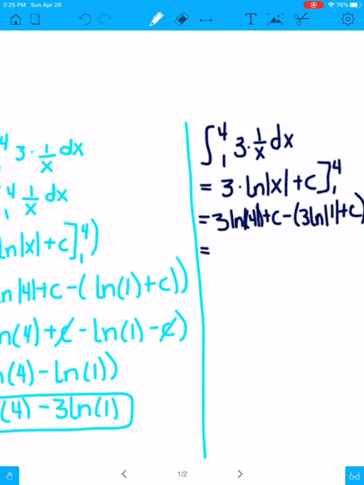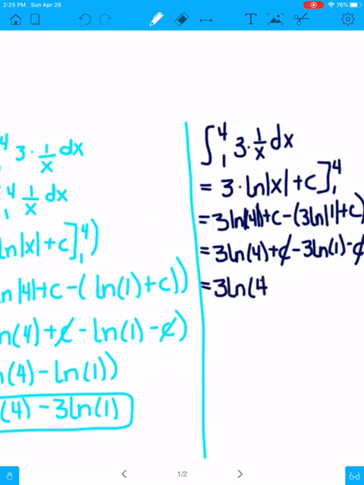So I would get 3 ln 4 plus c minus 3 ln of 1 minus c. And the c's cancel. And I get the answer I had before, 3 ln of 4 minus 3 ln of 1. So it doesn't matter if you take it out or keep it in, you'll still get the same answer. All right.